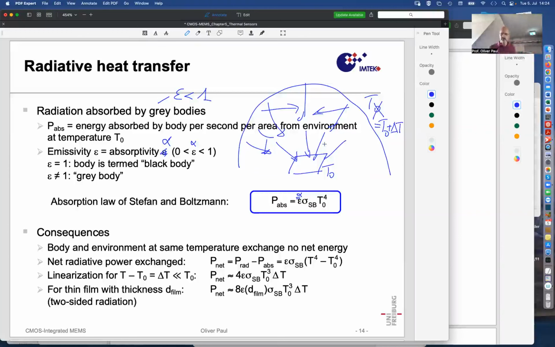So if you are out there in an environment of 37 degrees, you will emit radiation in a quantity given by Stefan Boltzmann's law. Let's say you are the ideal black body, and then you can calculate how much this is. Maybe that's an easy exercise, just to think about how much energy you lose.